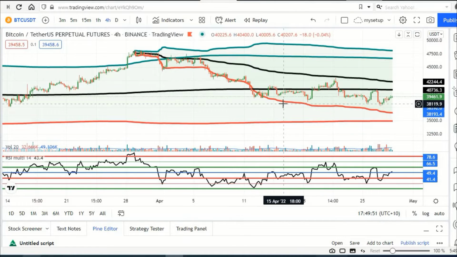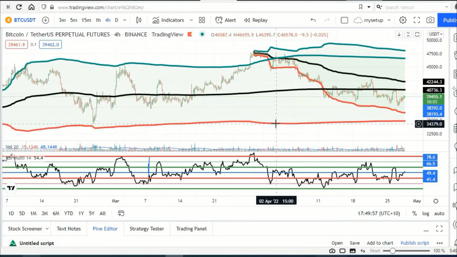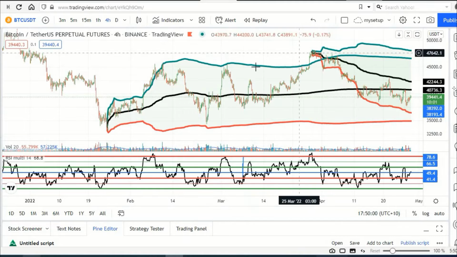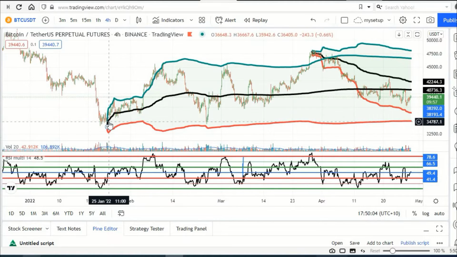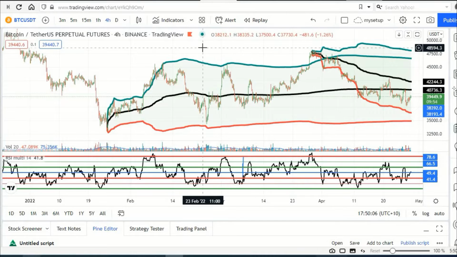We can clearly see that from the options open interest data. If we could see the previous swing low and swing high anchored VWAPs, this is the anchored VWAP for a swing low, and this is the anchored VWAP for the swing high.